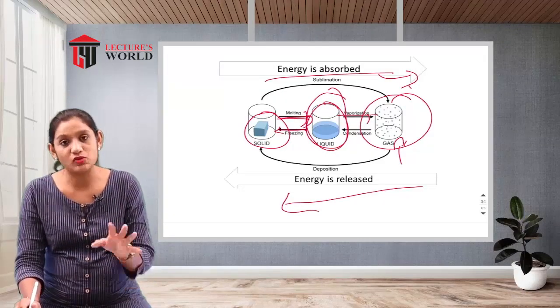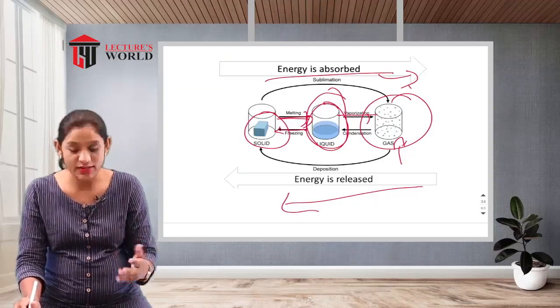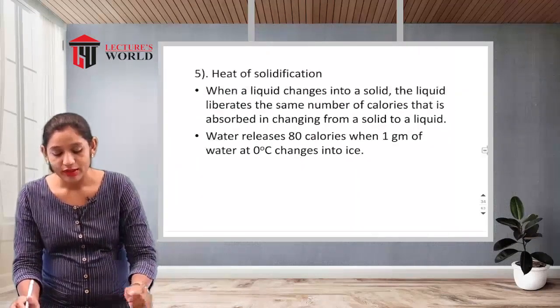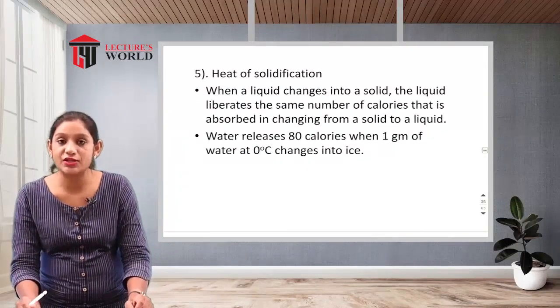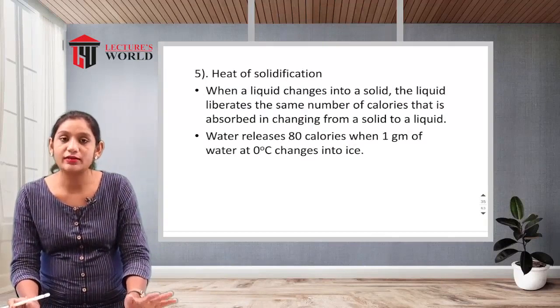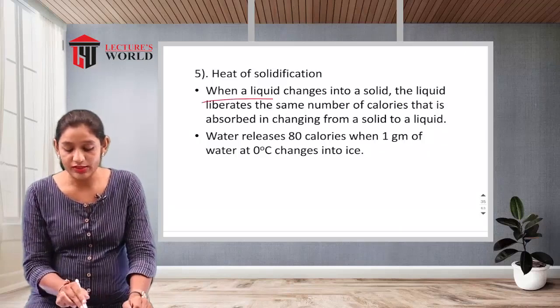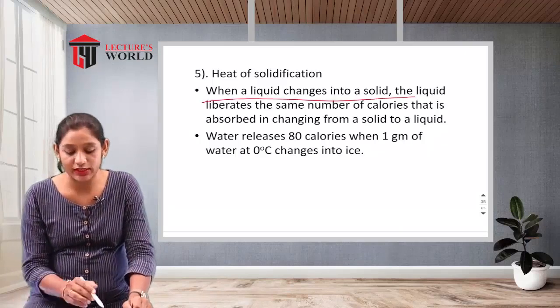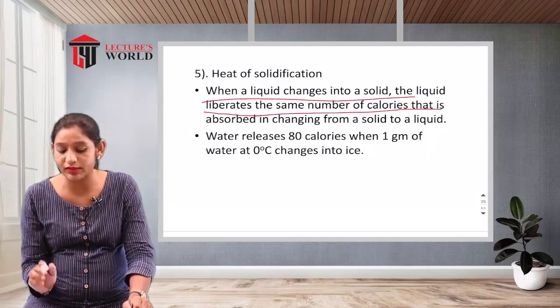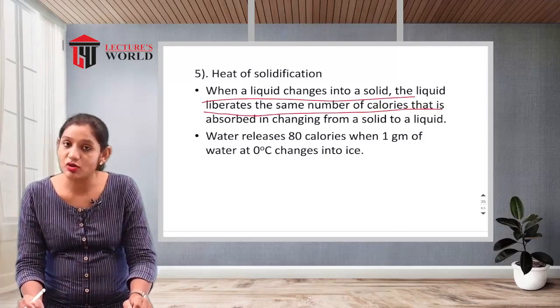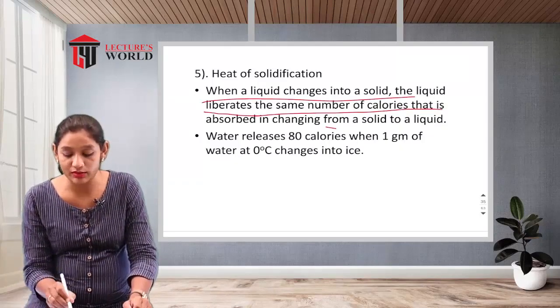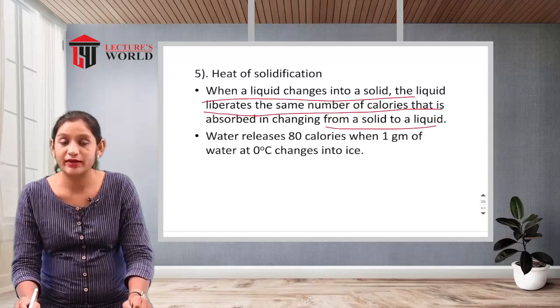So this is absorption and conversion. Next one, heat of solidification. When a liquid changes into a solid, the liquid liberates the same number of calories that is absorbed in changing from a solid to a liquid.